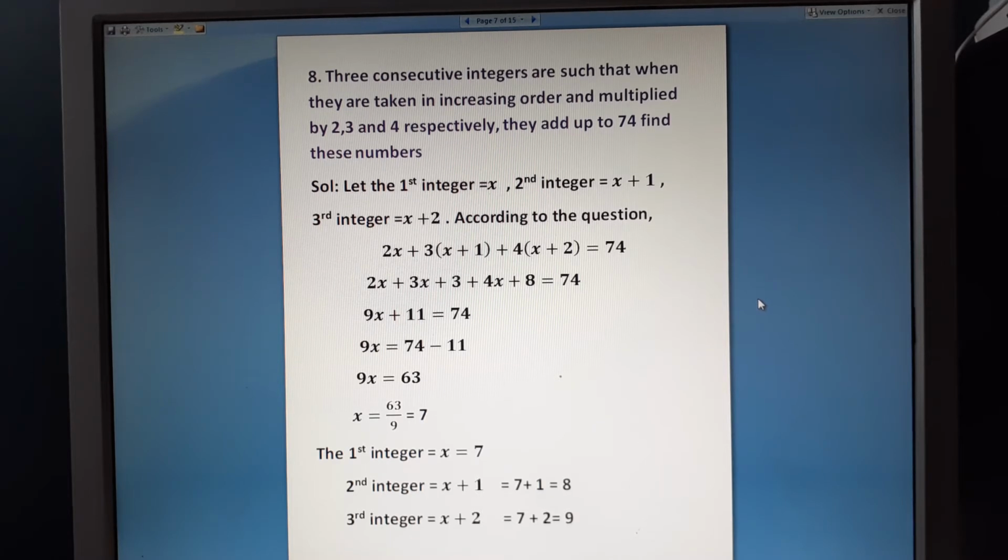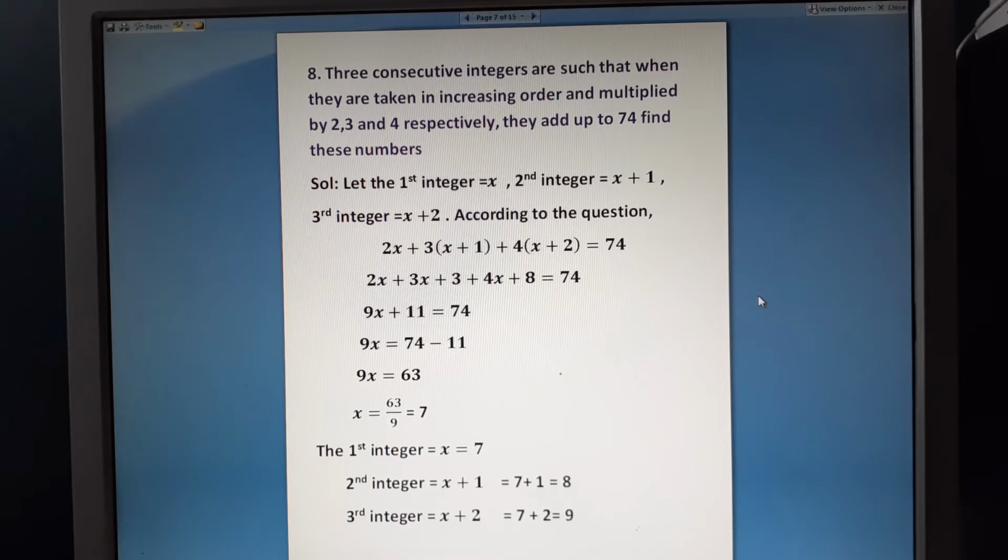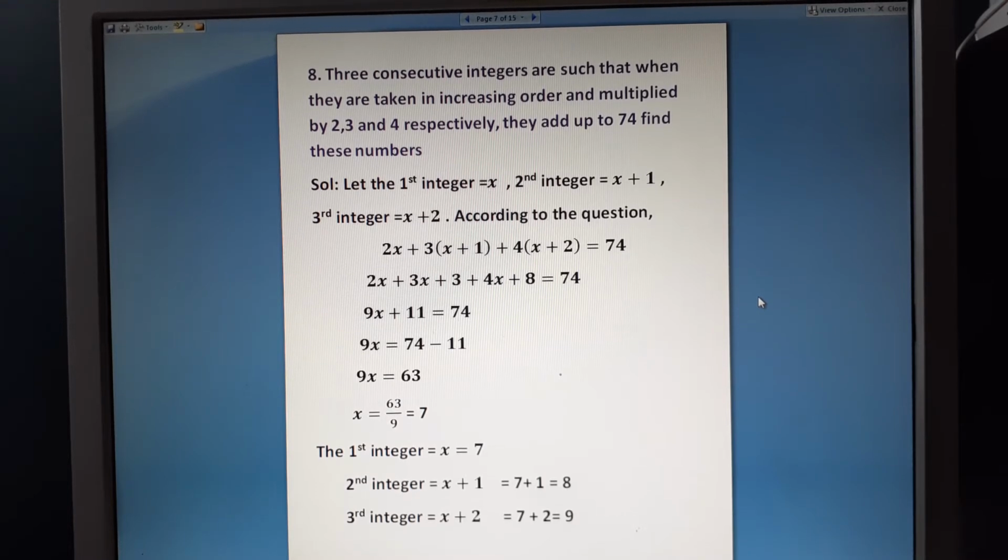According to the question, 2x plus 3 into x plus 1 plus 4 into x plus 2 is equal to 74. That is, integers are taken in increasing order and multiplied by 2, 3 and 4.